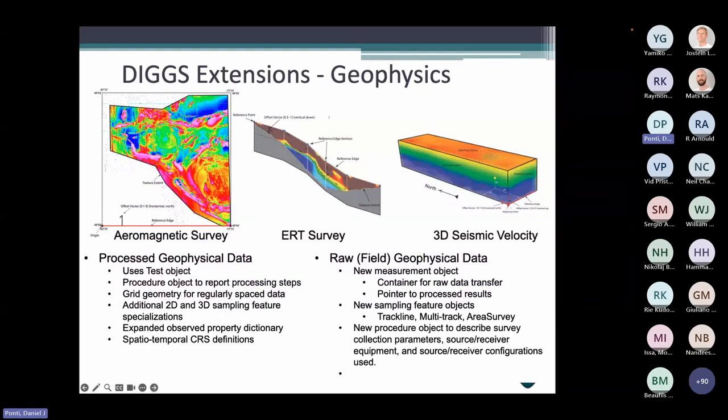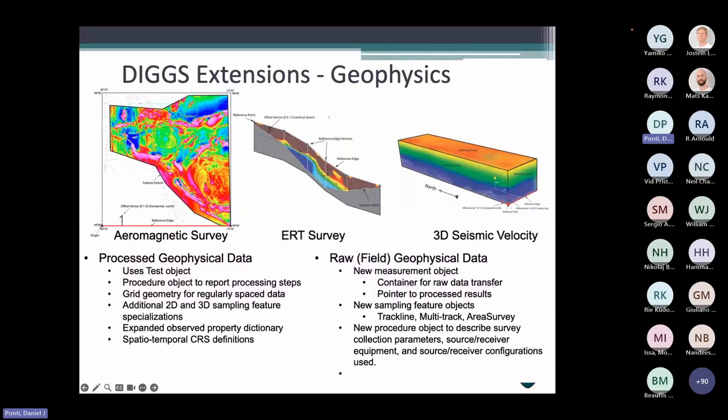And we've added some pieces, some sampling feature specializations and some geometries to enable more compact encoding of that information so that we aren't blowing things up, as well as defining some spatiotemporal coordinate referencing systems for things like seismic time sections or time volumes.